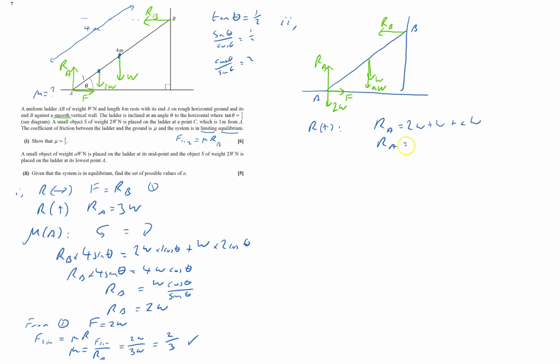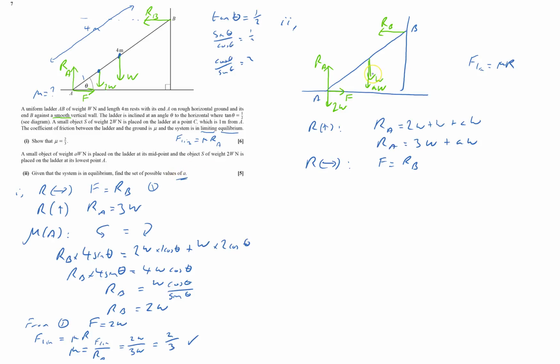So I got RA equals 3W plus AW. Resolve horizontally. That will say that F equals RB. Given it's in equilibrium, I've got F lim equals mu R, or F less than or equal to mu R, because it's in equilibrium. Find the set of possible values of A.